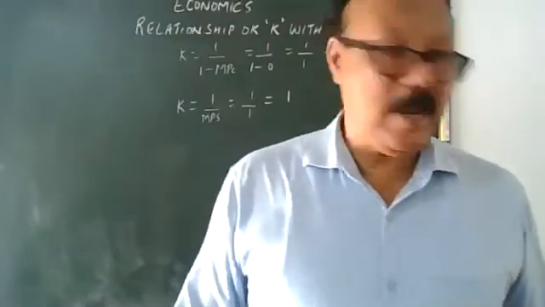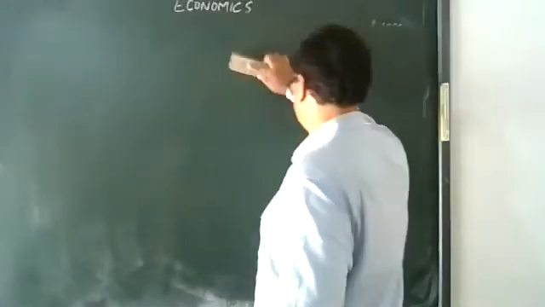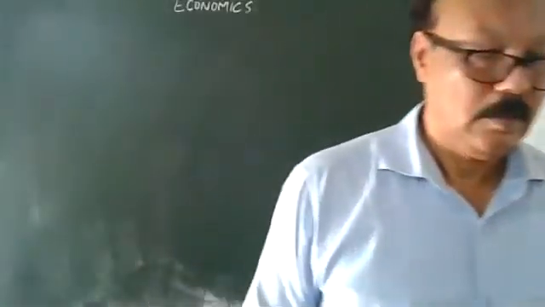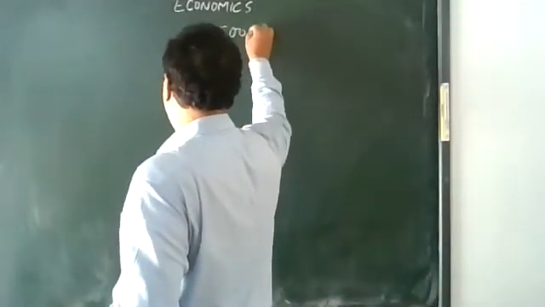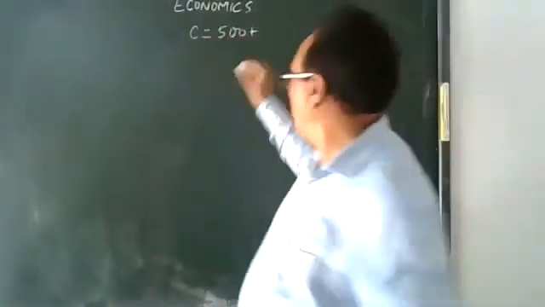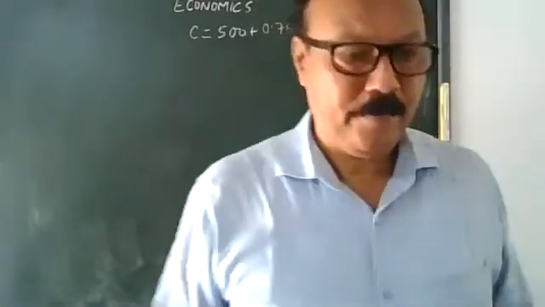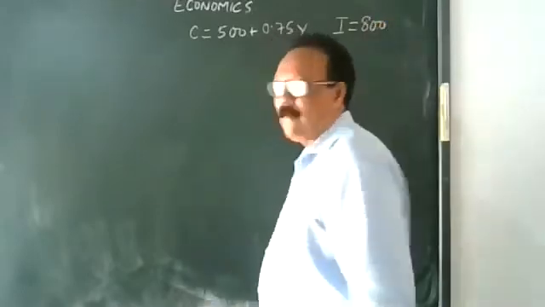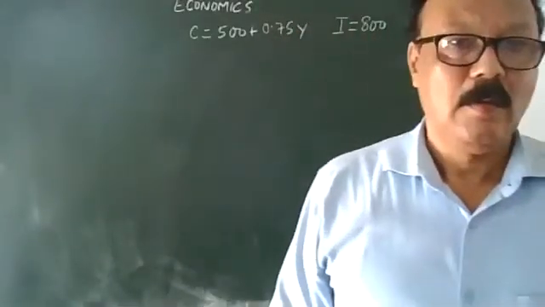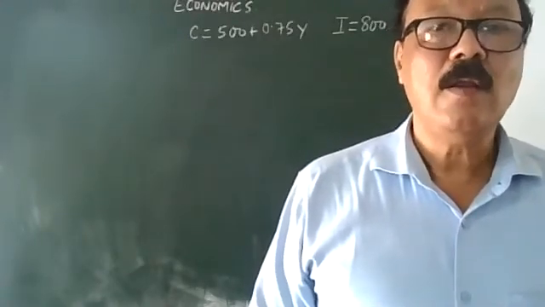Ready? In an economy, C equals 500 plus 0.75Y, and I equals 800, where C stands for consumption and I stands for investment.